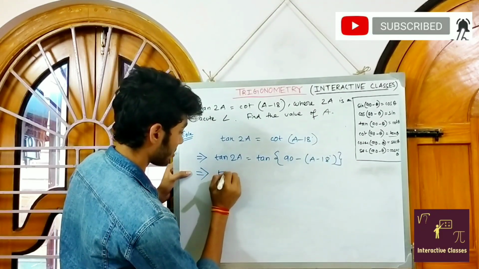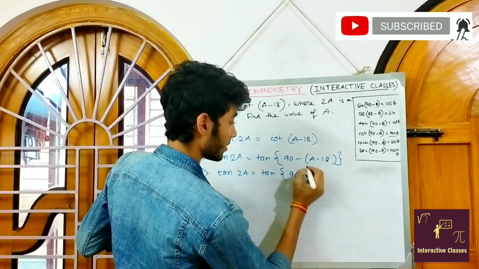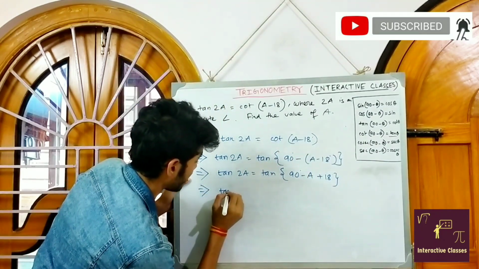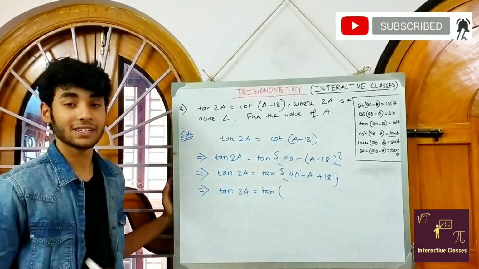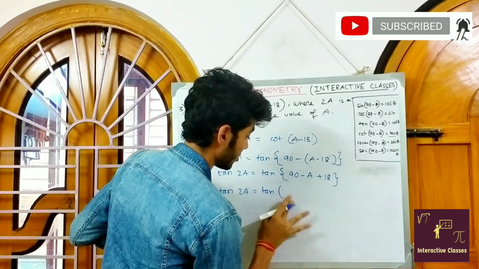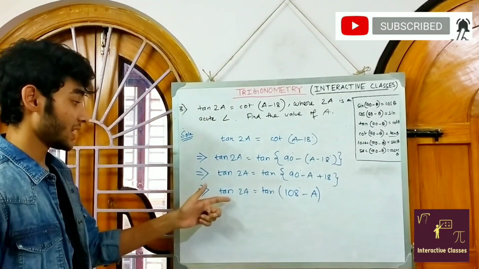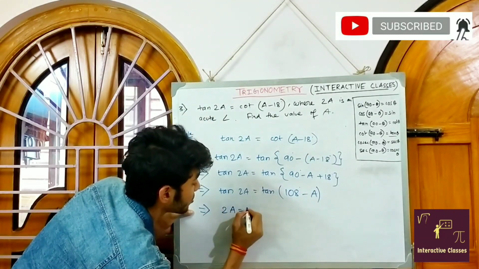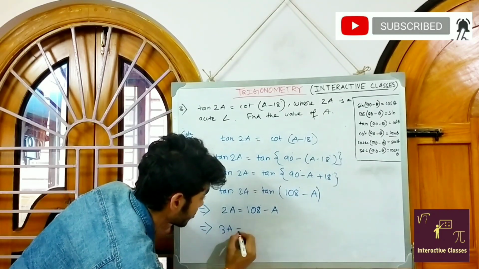So tan 2A, we can solve it as tan 90 minus A plus 18 degree. 90 plus 18 is 108 degree minus A. Since there is tan on both sides, we can eliminate it and write 2A equals 108 degree minus A. Now A comes over here, that is 3A equals 108.